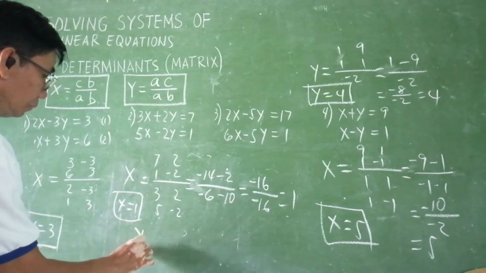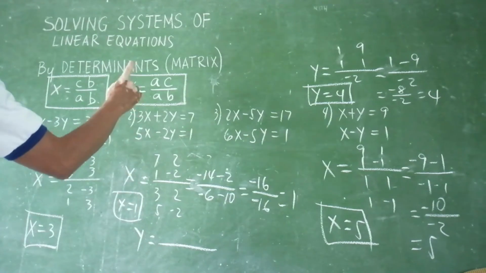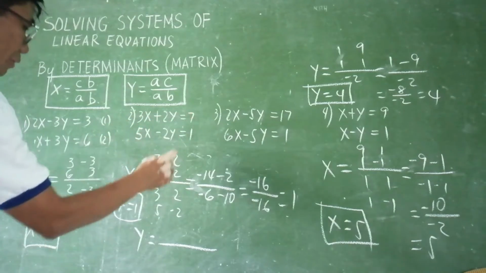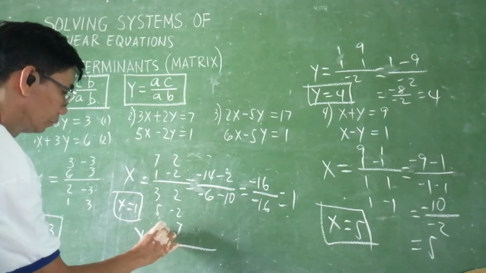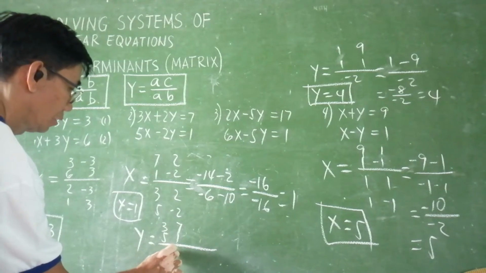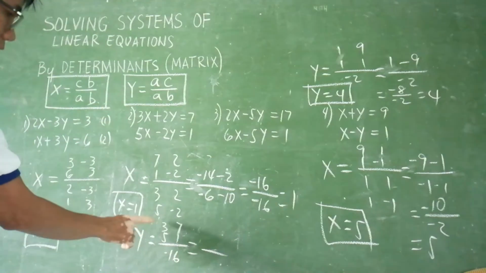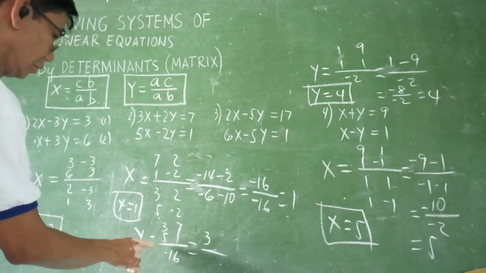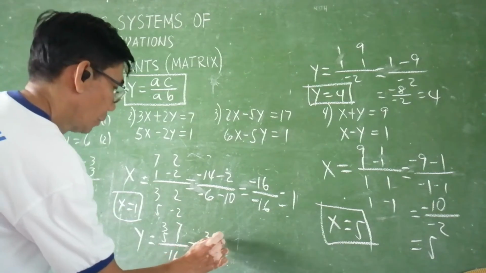For y, AC, 3, 7, 5, 1. Denominator is negative 16. 3 times 1, 3. 5 times 7 is 35.